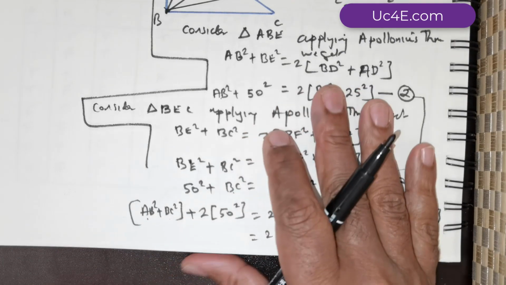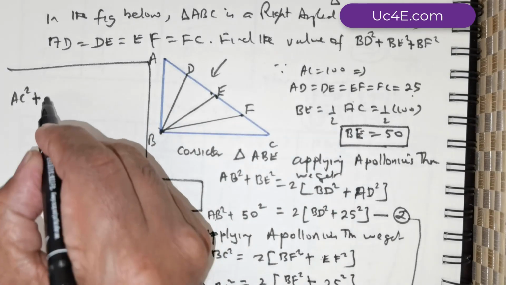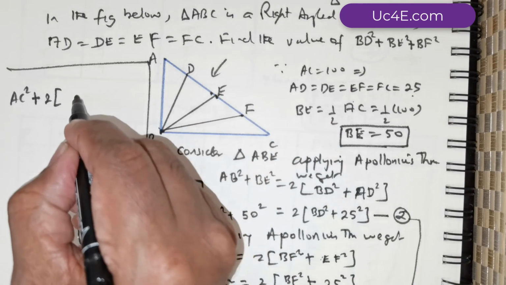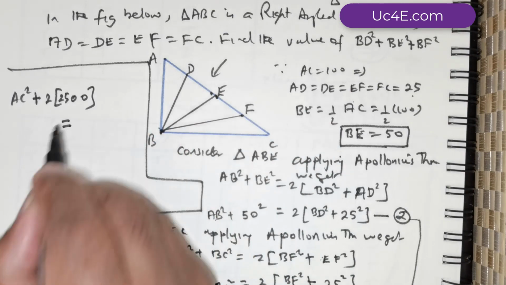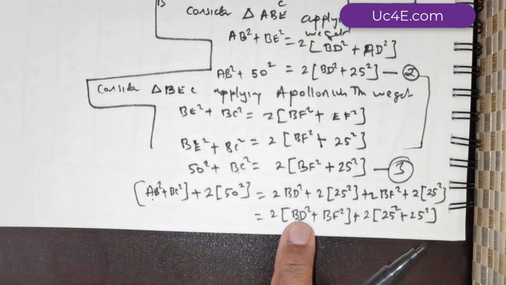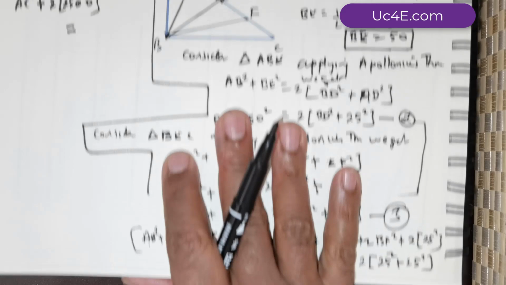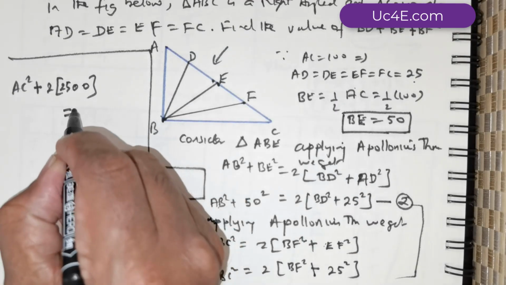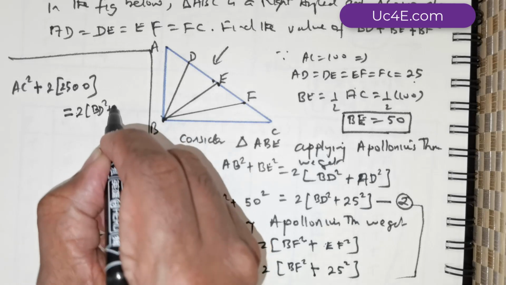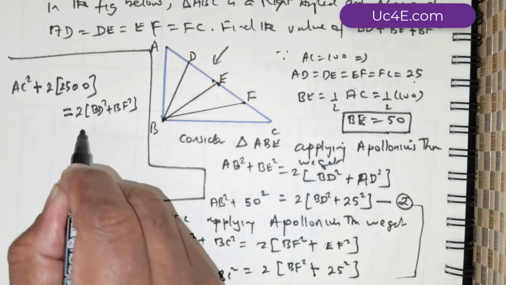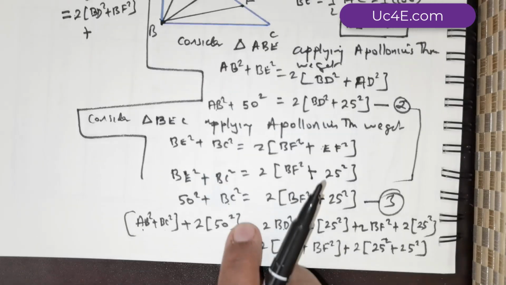This is 2500, right? So 2 times 50 squared is going to be 5000, is equal to 2 times BD squared plus BF squared, plus 25 squared, 25 squared.